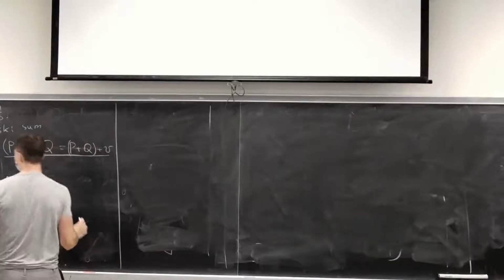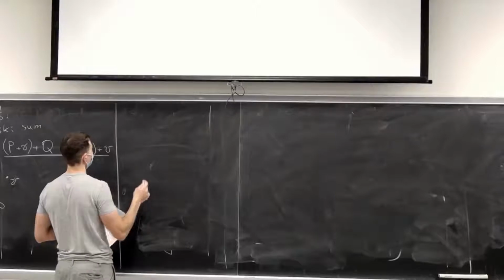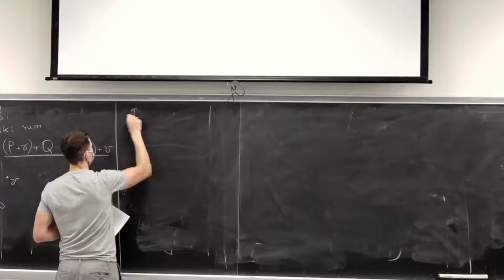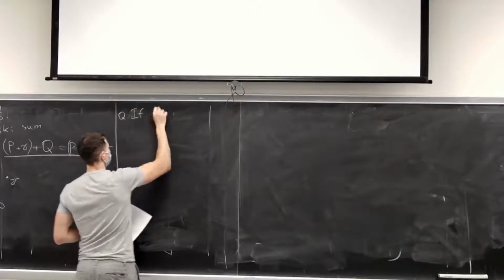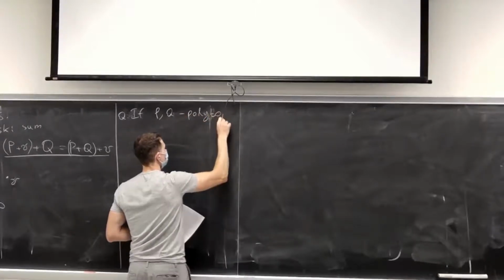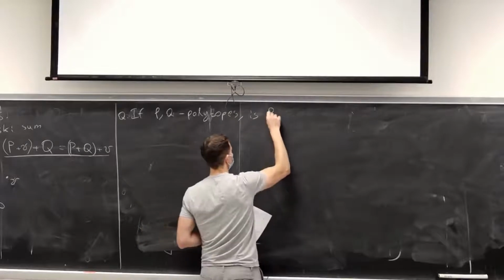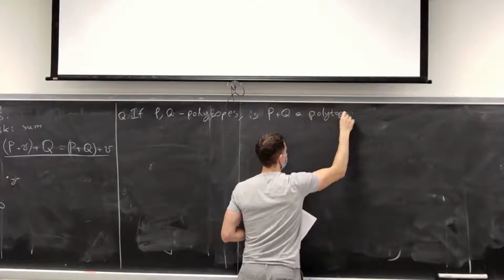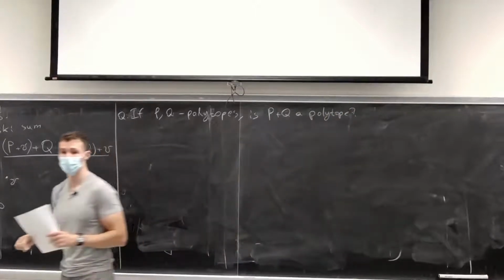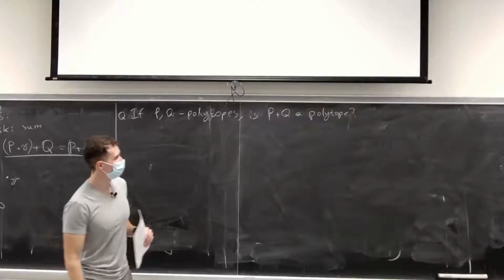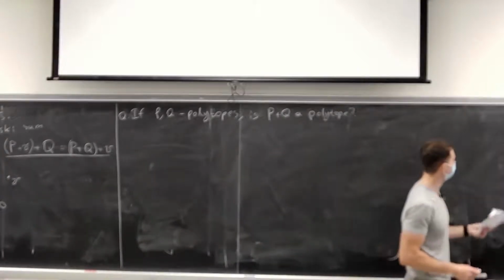You can ask all sorts of questions, but the most basic question I want to ask is: if P and Q are polytopes, is P plus Q a polytope? What do you think? The answer is yes. Why yes?